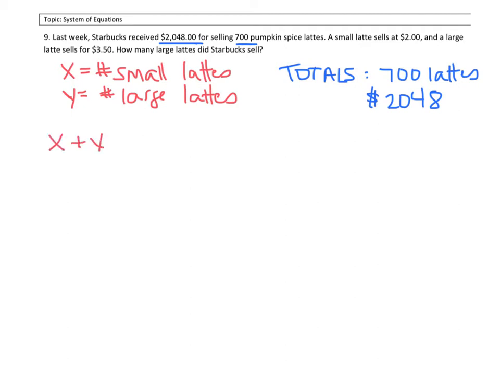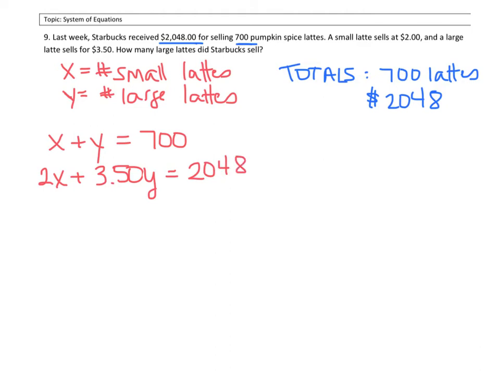Small and large, and they add together to be 700. Okay, next, they tell us that a small sells for $2 and a large sells for $3.50. So I'm going to bring in money, with money. So 2x, $2 for every small latte, plus $3.50 for every large latte is equal to our money total, $2,048.